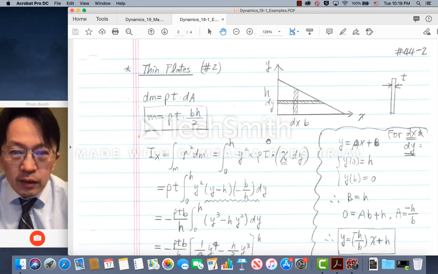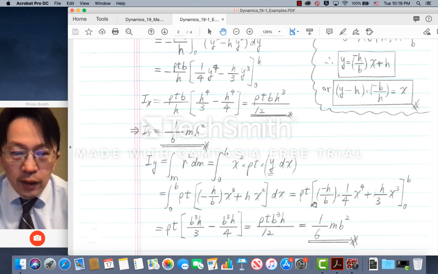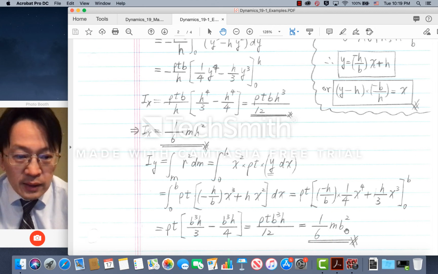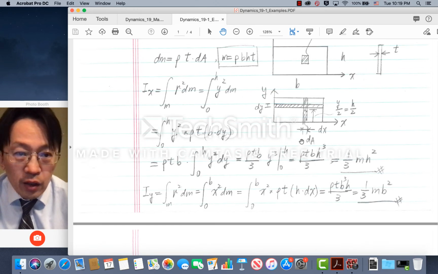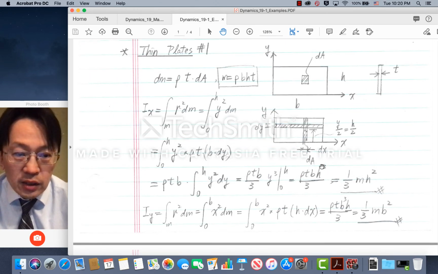And similarly, for Iy, the mass moment of inertia of a triangular plane is 1/6 of total mass times b squared, which is 1/2 of the value for a rectangular plate.